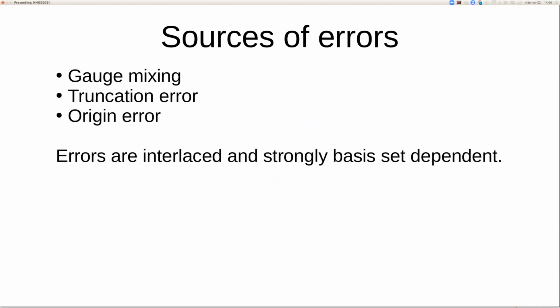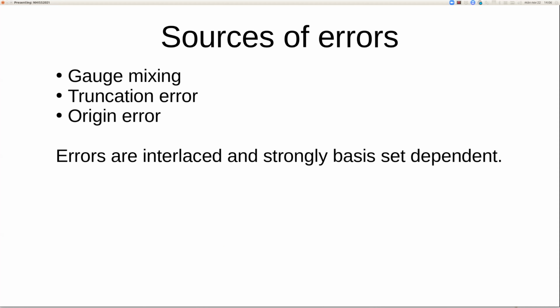We will see that we will have errors due to truncations, and we will see that we will have errors due to things being origin dependent, either because it is like that or because we have not fully achieved the origin independence that there should be. And also I'm saying that the errors are interlaced and strongly basis set dependent.